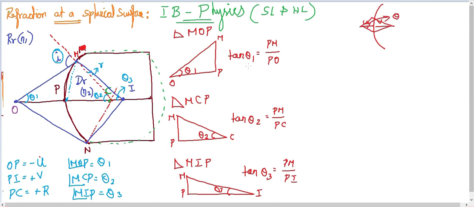So instead of writing tan theta 1, you can simply mark it as theta 1. Since the angle is very small, you need not write tan or sine or cos. So you can simply mark it as theta 1, theta 2 and theta 3. Are you clear now? Okay.